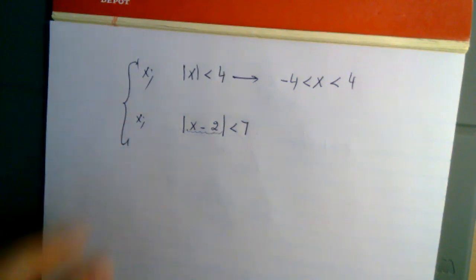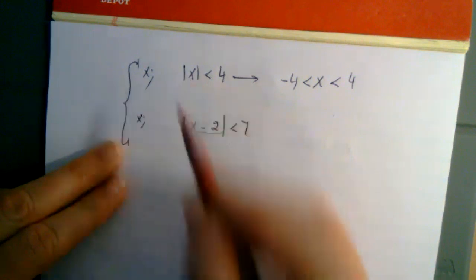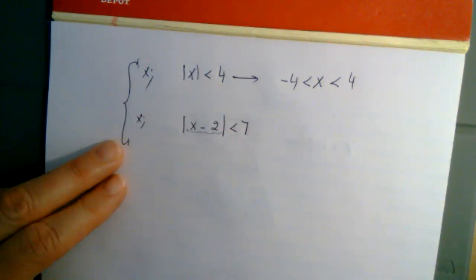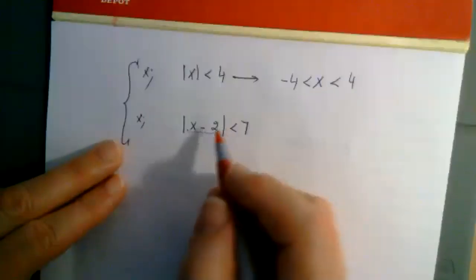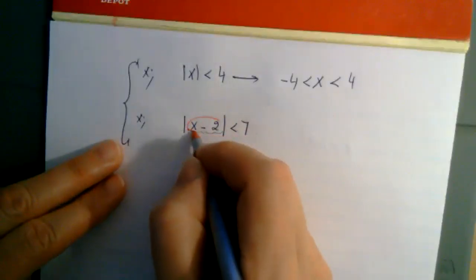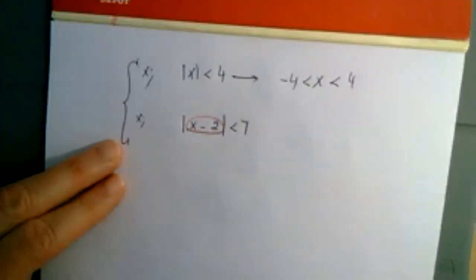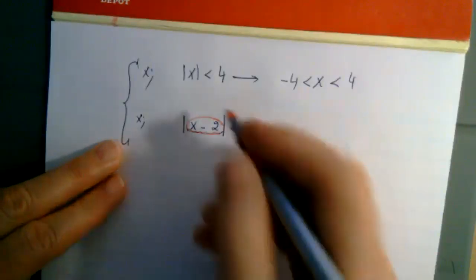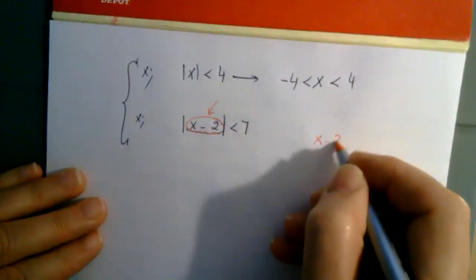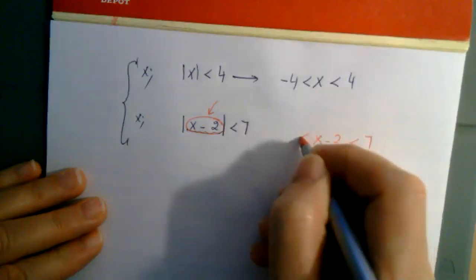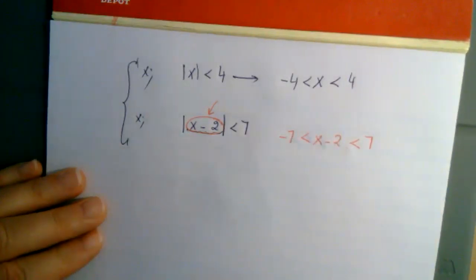Okay. The way we're going to do it is exactly the way we thought here, but we have to be very careful. If this quantity in absolute value is less than 7, it means what's inside the absolute value has to be between -7 and 7.